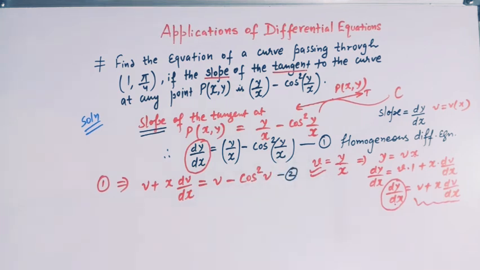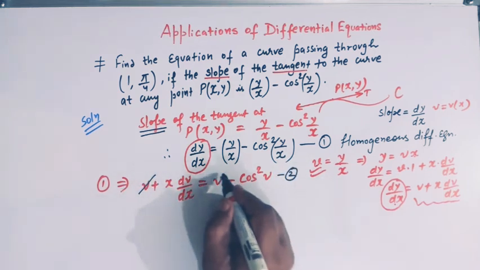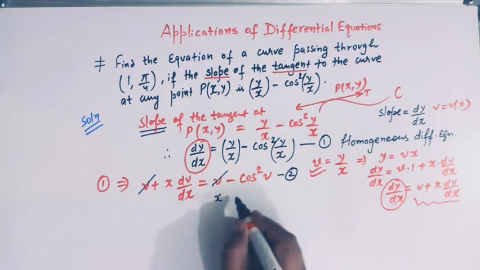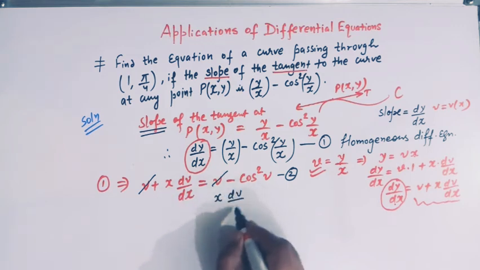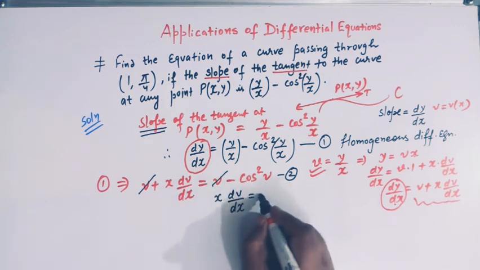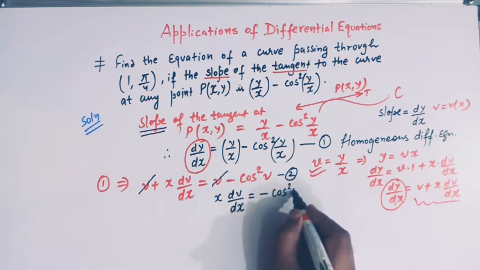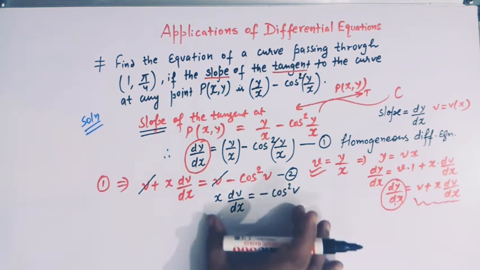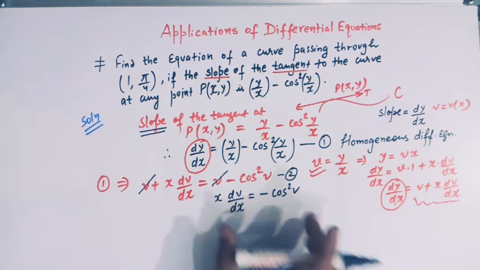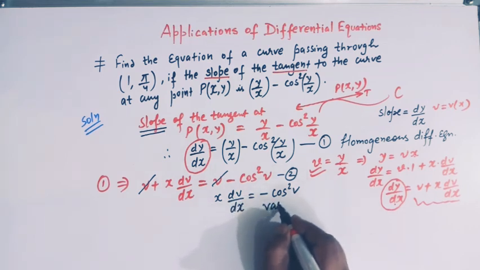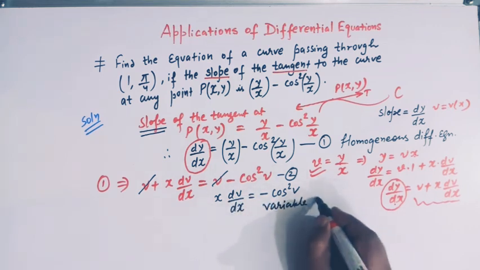Now this v and v get cancelled, so we have x dv/dx = −cos²v. Now this differential equation becomes a variable separable form.